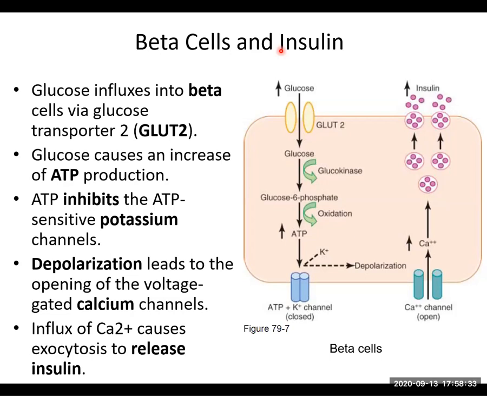The way the beta cell does it is that it has a channel for glucose. This channel is basically always open, and glucose can freely diffuse across. This glucose transporter is called GLUT2.